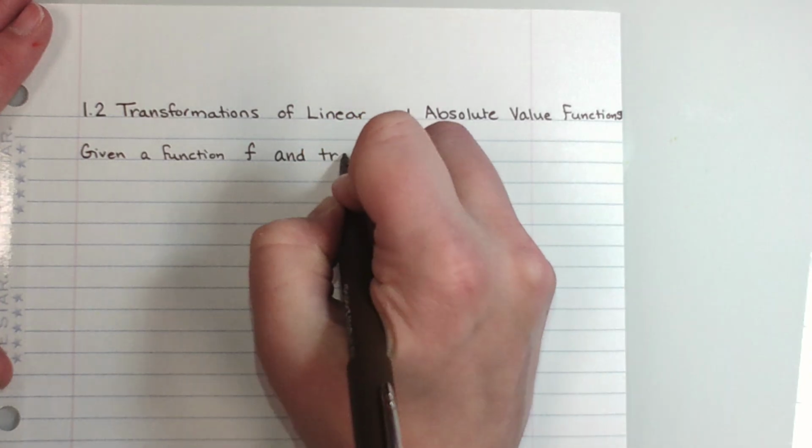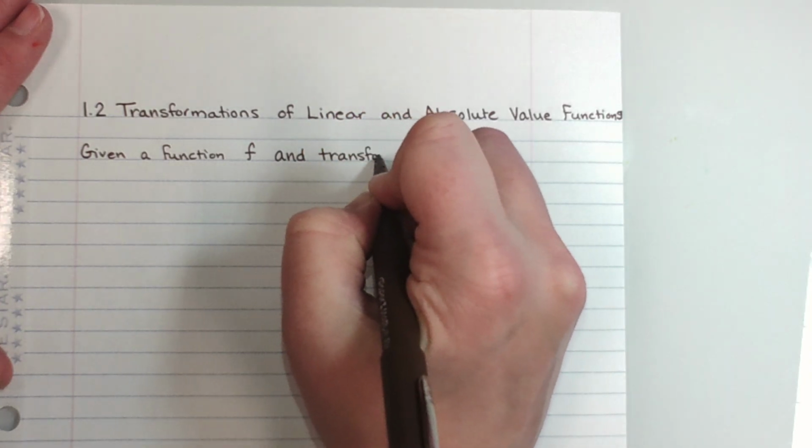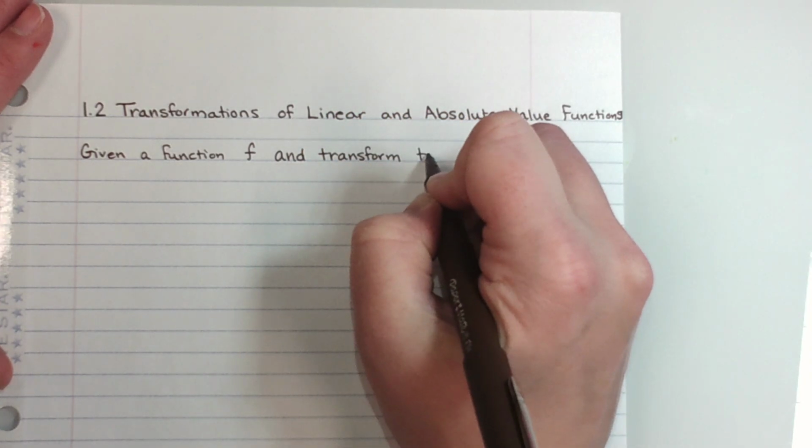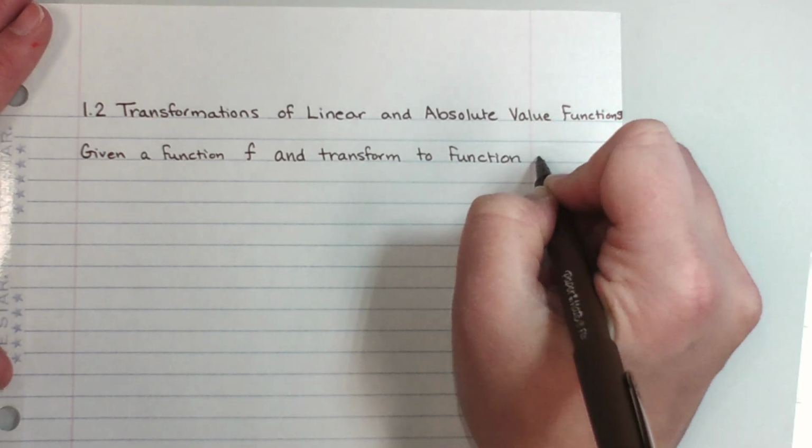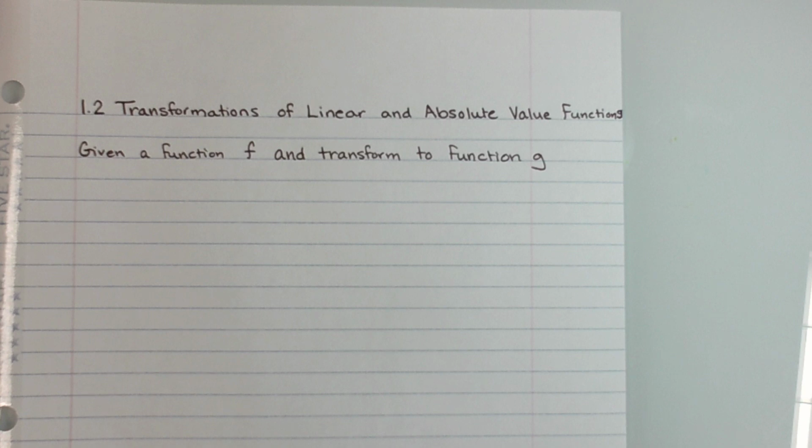We're going to transform it to the function g. At least for the sake of our notes, it's going to be f and g. On your homework, you might change around the letters. Just keep in mind which one's the original and how it changes, and that's going to be easy because they're going to give you the original.